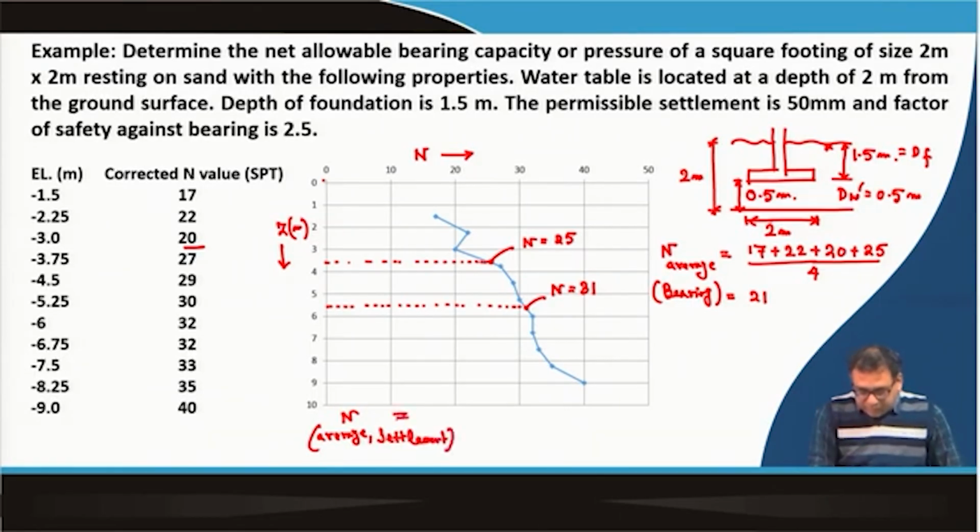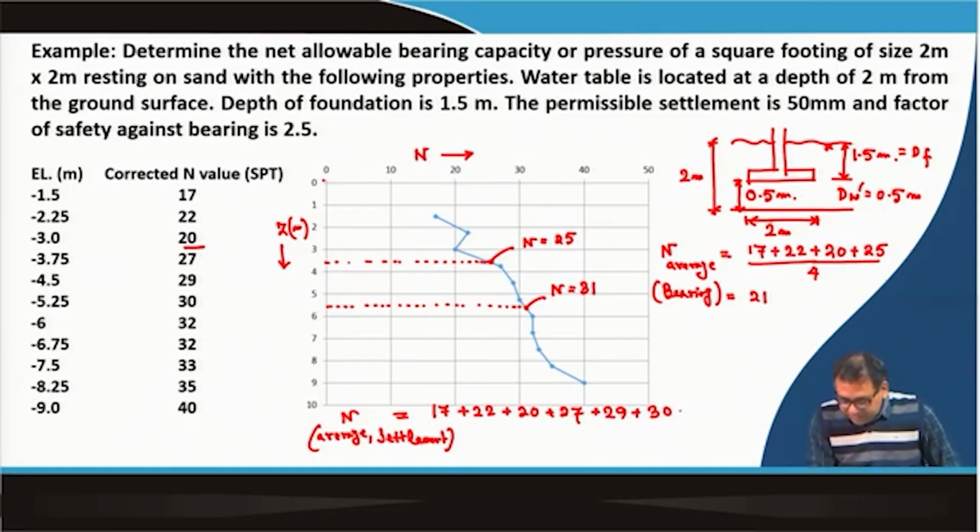Okay. So, this N value is, we have again 17 plus 22 plus 20 plus 27, then 4.5 is 29, then 5.25 is 30, then it is actually 5.5.